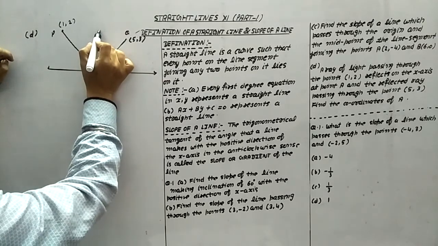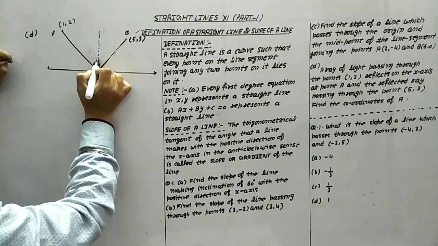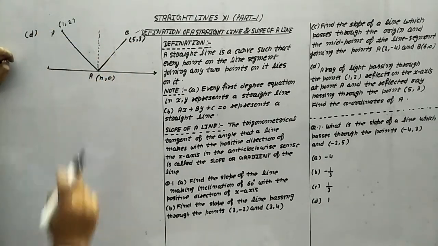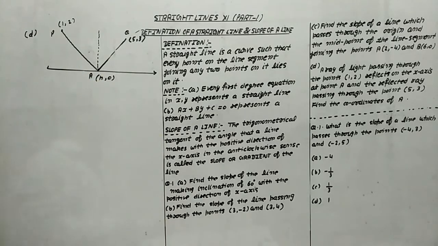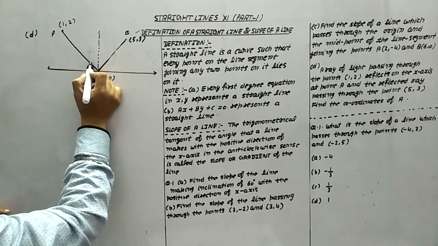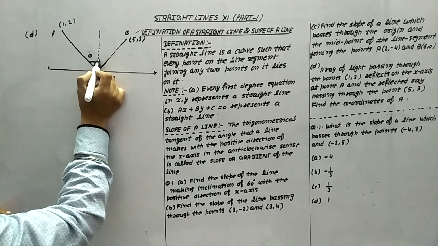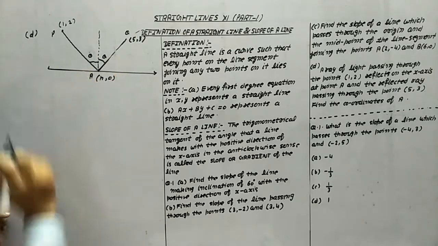Now draw this perpendicular, and we know very well that the angle of incidence is equal to the angle of reflection. So if we consider this angle to be theta, this angle is also theta.